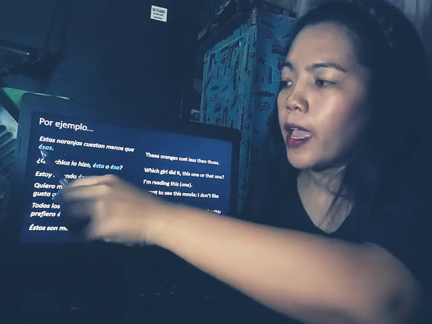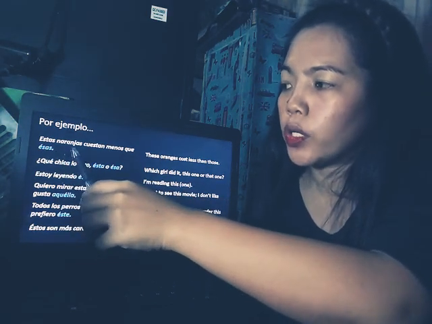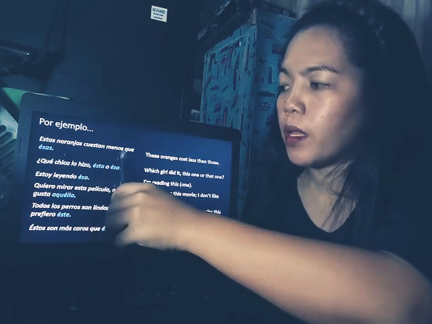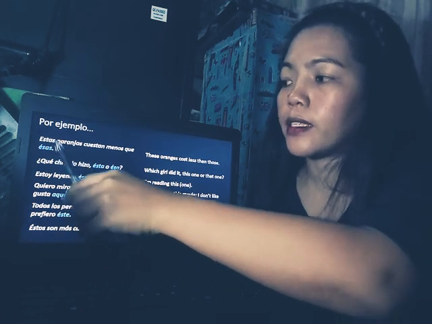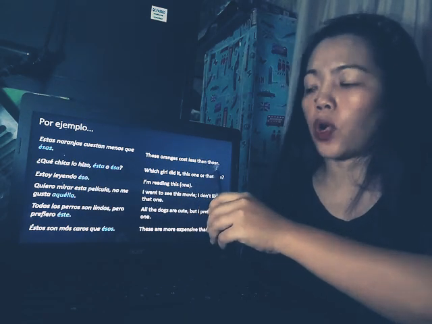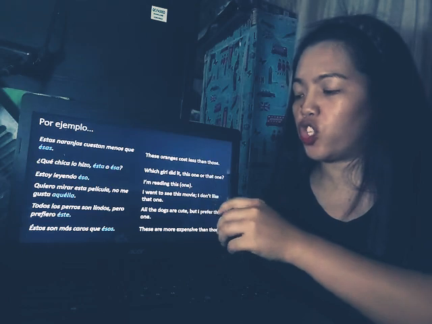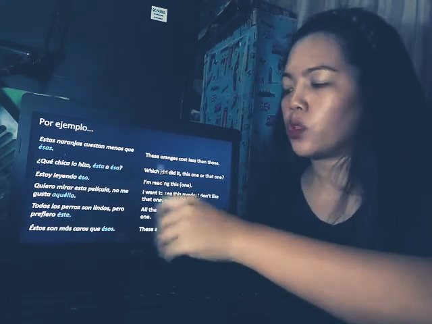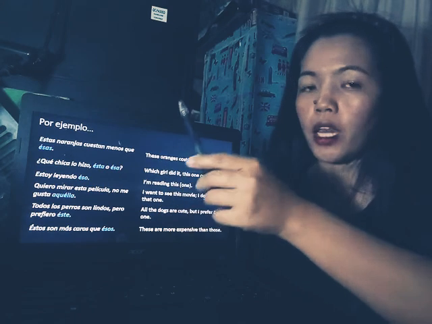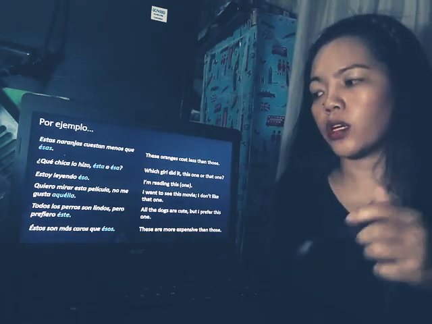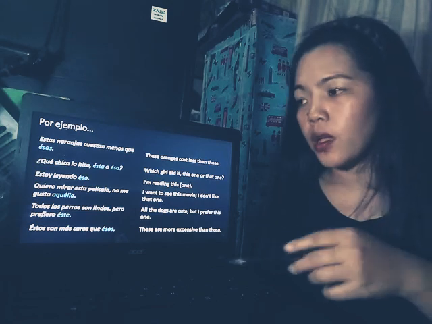Estas naranjas cuestan menos que esas. These oranges cost less than those oranges. You didn't repeat the naranjas, you just eliminate the noun. These oranges cost less than those.